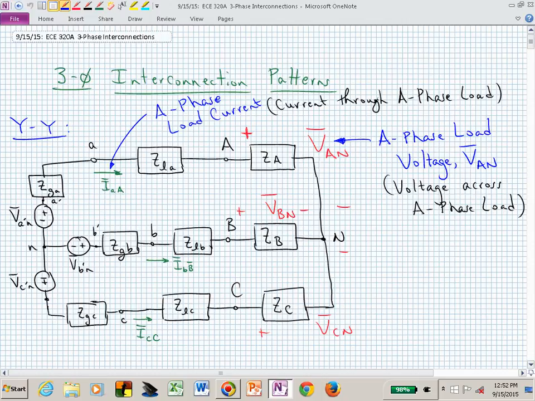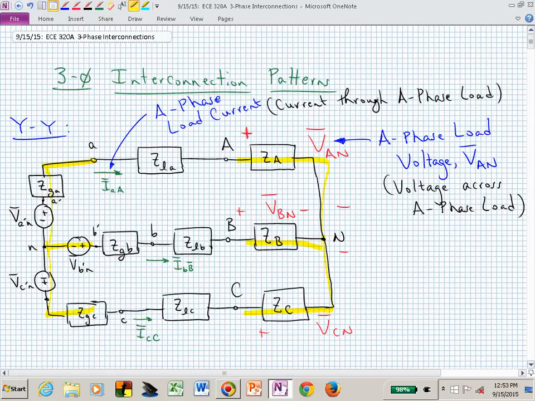Like I said, don't try to copy this down. I will make this available to you, but do you see the Y and the Y? Here is the Y of the source, and here is the Y of the load. And these are all labeled, hopefully somewhat consistently.